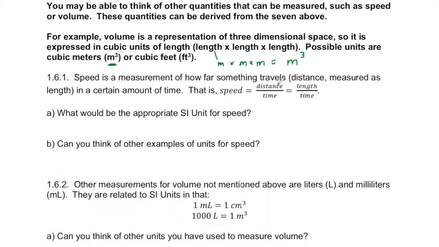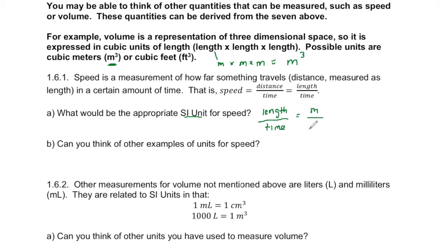Speed is a relationship between distance traveled and the time it took to travel that distance. Distance is another word for length. Distance would be measured in length, possibly meters. And time can be measured in seconds or hours or minutes. But these two quantities together make up the speed. So if we wanted to use SI units to measure these two quantities, length over time, the official SI unit for length would be meters.